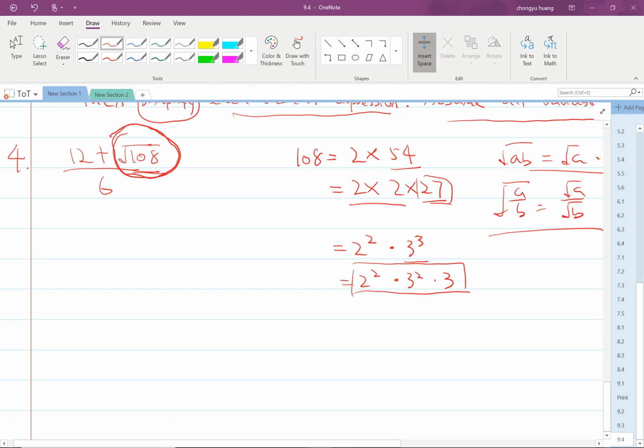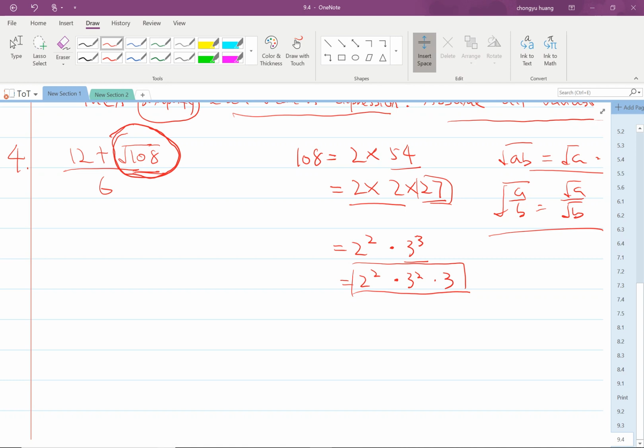As I repeat many times, if you want to simplify a square root, you want to make sure you are having something to the power of 2, right? Okay, let me reorganize that.